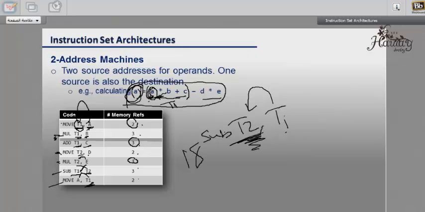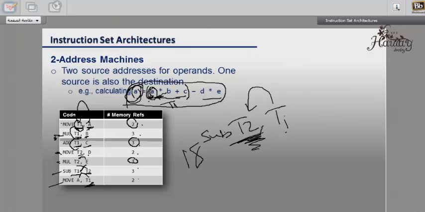So we multiply T1, which is A originally, by B, and the result will be stored in T1. We continue. Now when we do the addition, T1 has the result of the multiplication between A and B. If we add the result to C, the new result will again be stored inside T1 according to the rule.